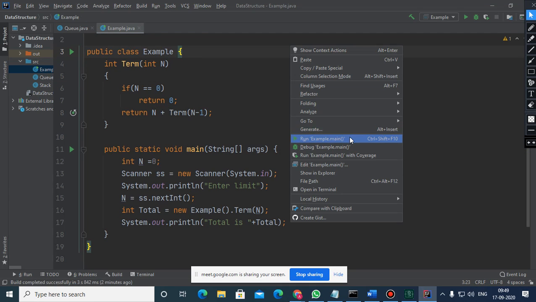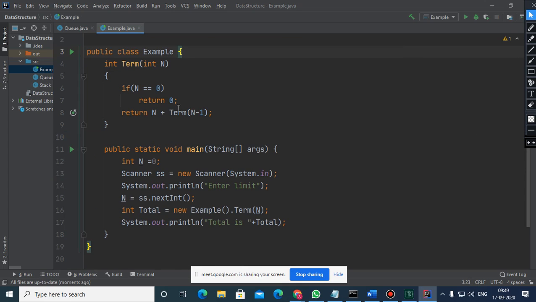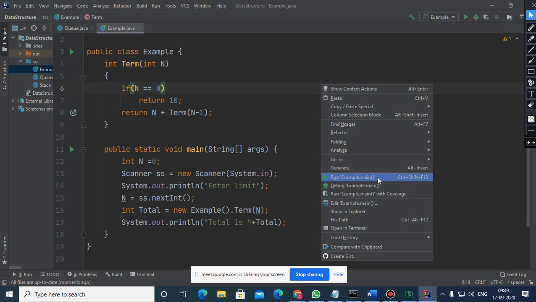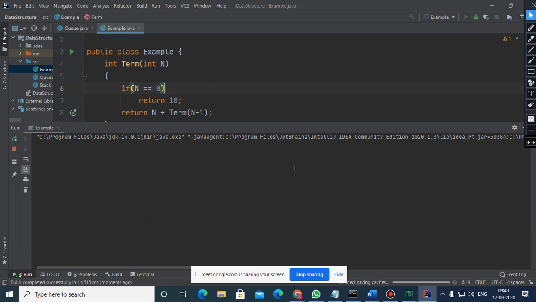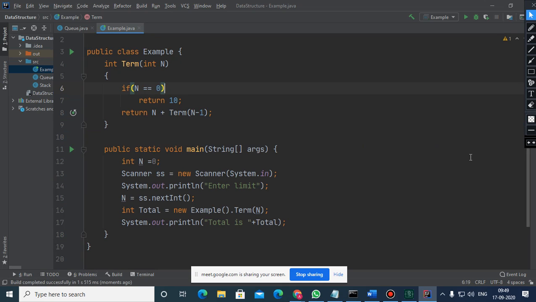One thing I would like to tell you: if the value is 5, the sum is 15, but if you are returning 10 instead of 0, then this 10 also will get added. So in this case the sum will become 25, because the sum up to n natural numbers was 15, but this 10 also got added.